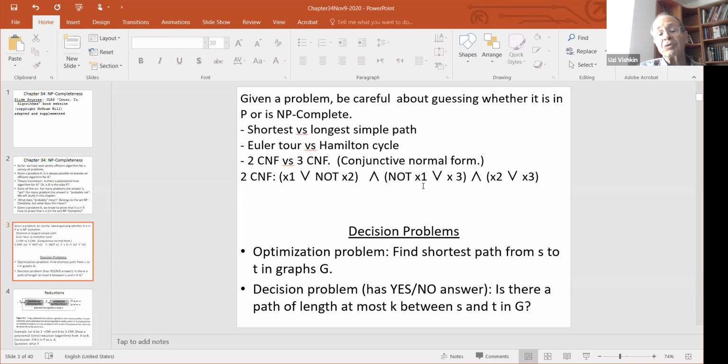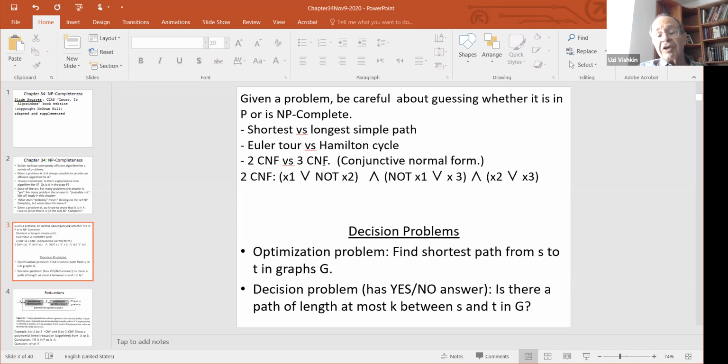Here we have not x1 and x3, so we have x1 and x3 as the variables. So in each we can have only 2 variables. And it's considered 2 because you are allowed to have only 2 literals. A literal is a variable with either negation or without a negation.